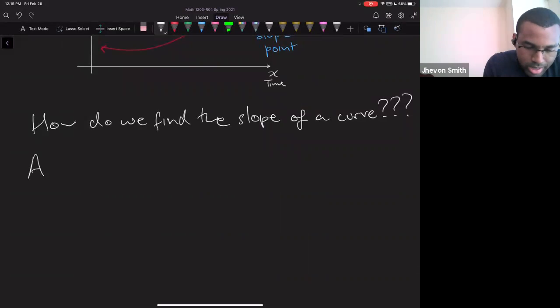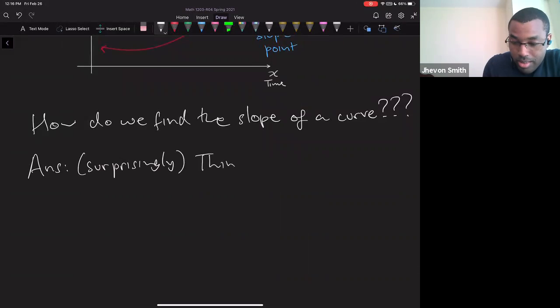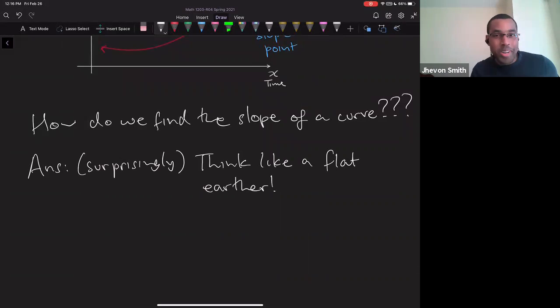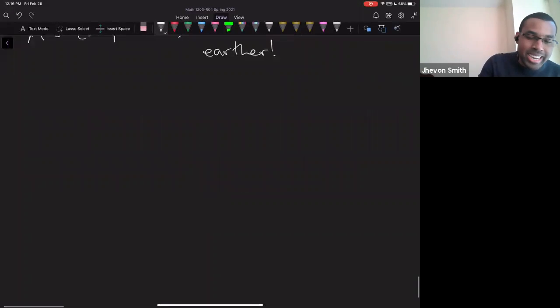The answer, surprisingly, is to think like a flat earther, right? That's actually how we're going to do this. The idea is, yeah, it looks curved right now, but that's because of the scale at which I'm looking at it.